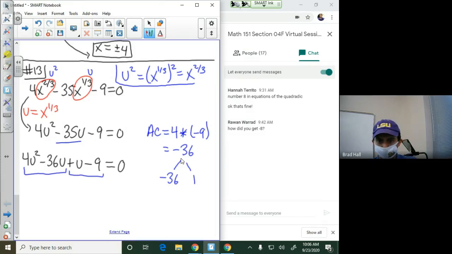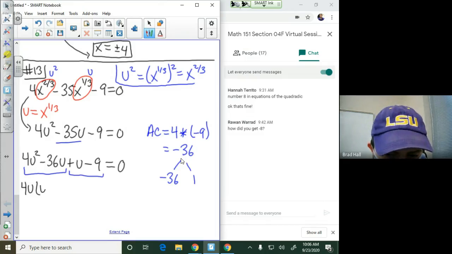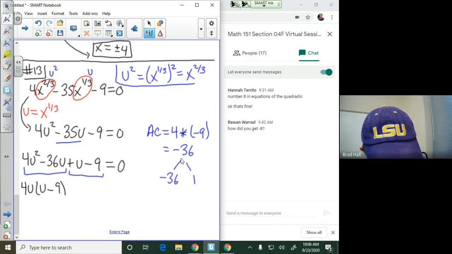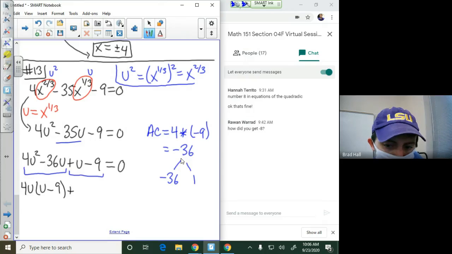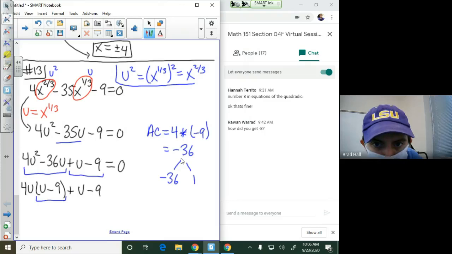The first 2 terms, what they have in common is they both have 4u in common. So 4u squared, we took out 4u and we're just left with 1u. 36 divided by 4, that's 9. And we took out the u. And it turns out this pattern is exactly the pattern right here. So really, we don't have to factor out anything.